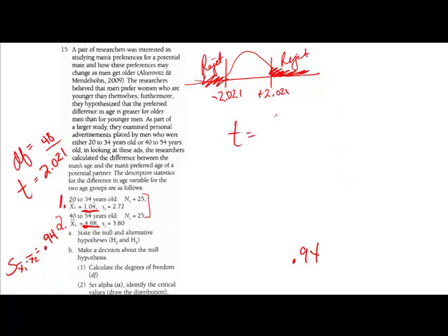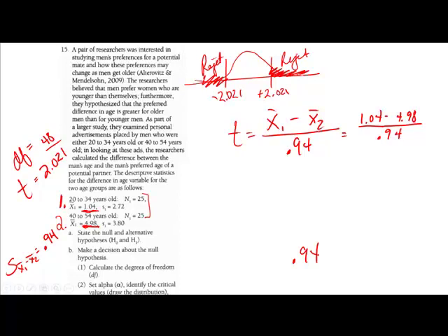T is going to equal the difference in the means divided by our 0.94. The difference in our means, 1.04 minus 4.98, divided by 0.94.